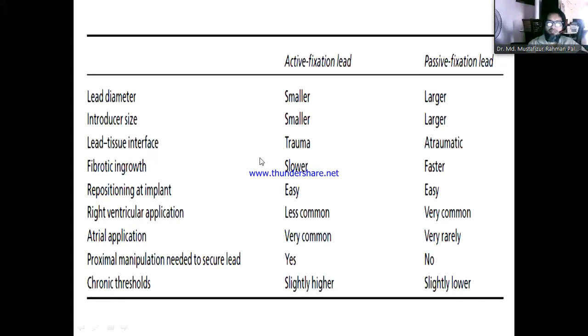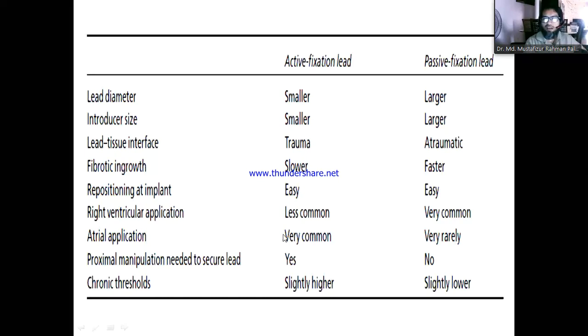There are some differences between active fixation leads and passive fixation leads. The active fixation lead diameter is smaller, and the introducer size is also smaller. Active fixation causes trauma to the tissue surface, but the passive fixation lead does not cause any trauma. The fibrotic ingrowth is slower in one and faster in the other, and repositioning at implant is easy in both.